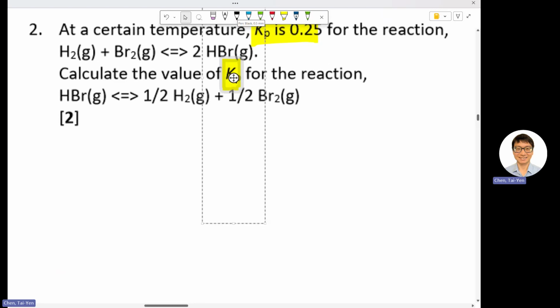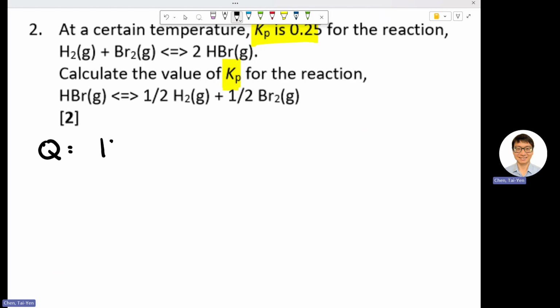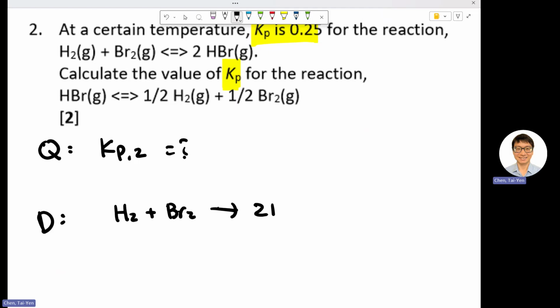The way you do this is, you want to find the new Kp, let's say Kp2. The data that you have is H2 plus Br2 give you 2 HBr, and the Kp of this one is 0.25.